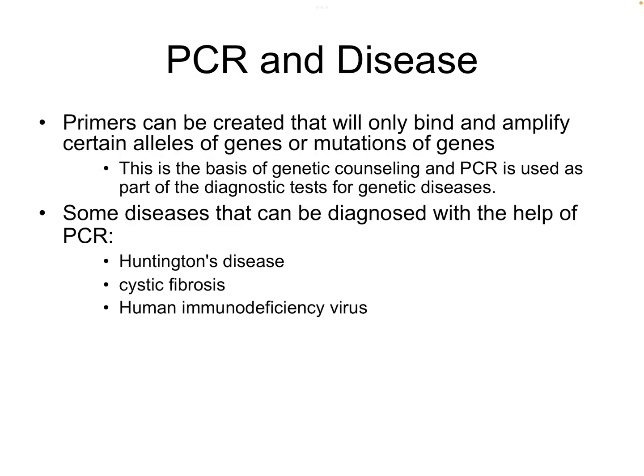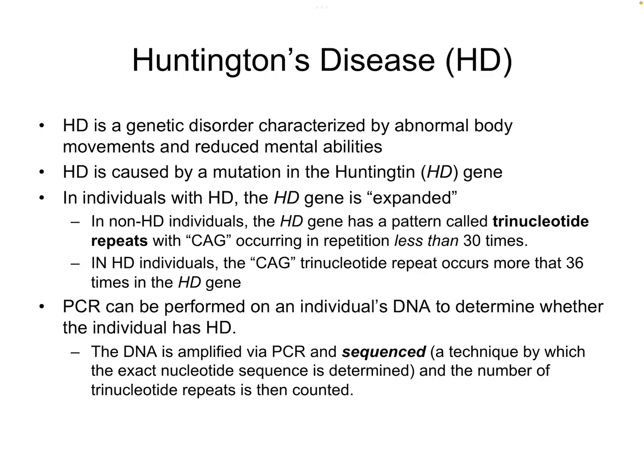So the PCR can diagnose certain diseases such as Huntington's disease, cystic fibrosis, and HIV. In Huntington's disease, there is a mutation in the HD gene. In non-HD individuals, the HD gene has a pattern called trinucleotide repeats, with CAG occurring in repetition less than 30 times. However, in HD individuals, the CAG trinucleotide repeat occurs more than 36 times.